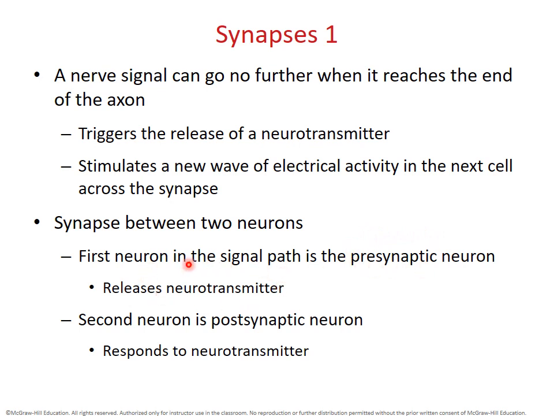So again, this is the one releasing neurotransmitter onto the second neuron. That second neuron we refer to as the postsynaptic neuron. In other words, it is after the synapse, and it's going to pick up or bind to that neurotransmitter. And again, if the postsynaptic potentials are strong enough, that may trigger a new action potential in this postsynaptic neuron, which will then carry its message on to its target cell, which again might be another neuron, muscle cell, or gland.